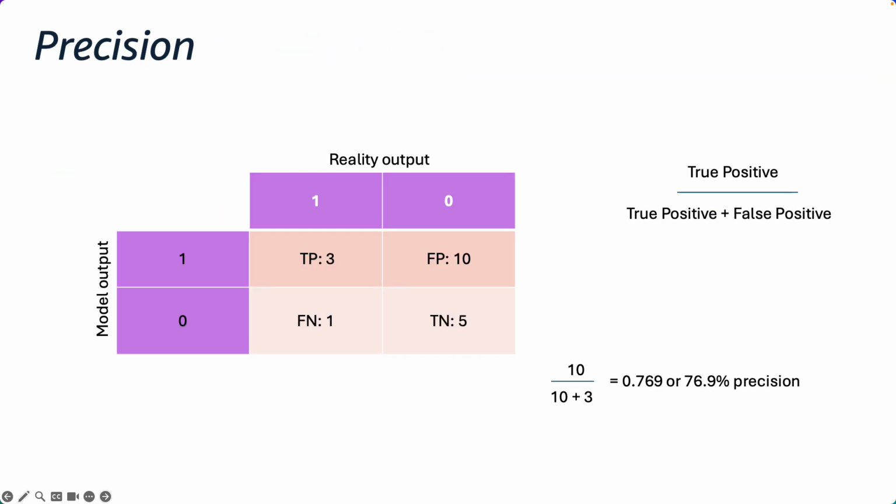And I want to make sure that we understand the differences between these two formulas. Precision is true positives divided by true positives plus false positives, and recall uses the formula of true positives divided by true positives plus false negatives.